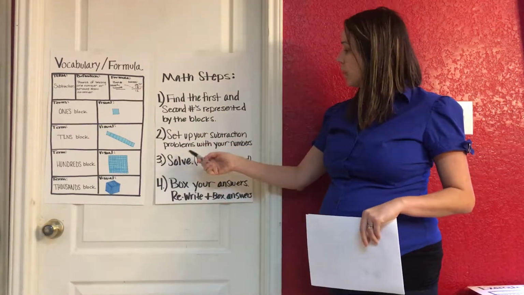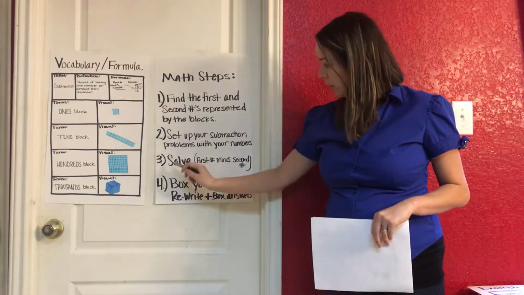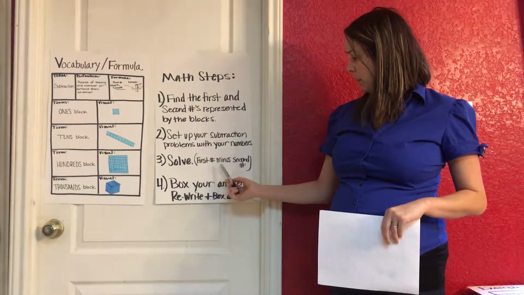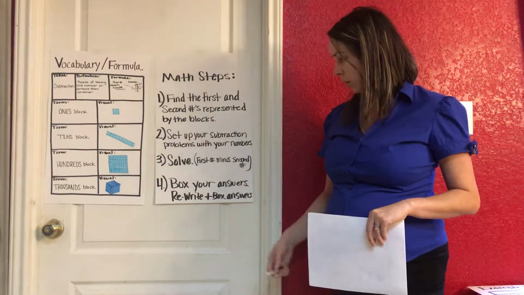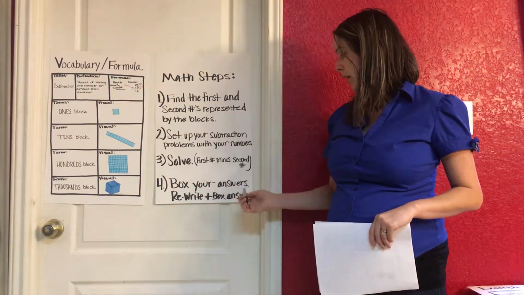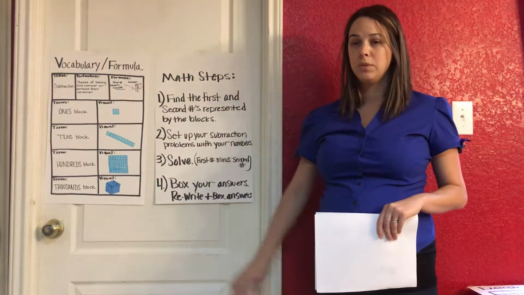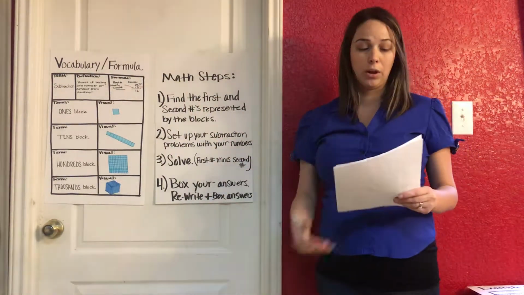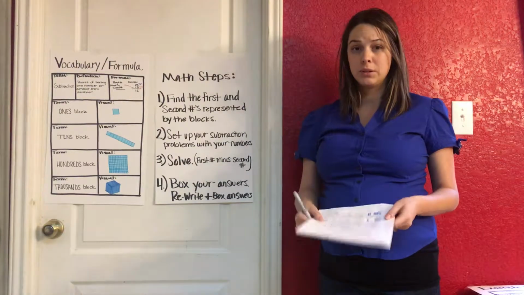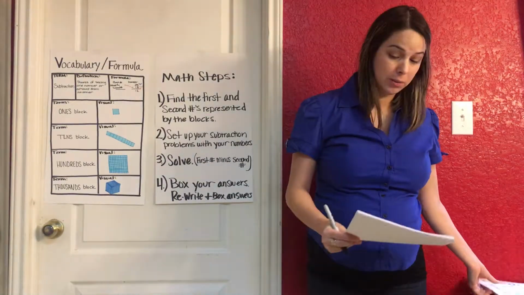Step 2: set up your subtraction problem with your numbers. Step 3: solve, the first number minus the second number. Step 4: rewrite and box your answer. Is everyone done writing down the math steps? All right, we'll move on to some example problems.